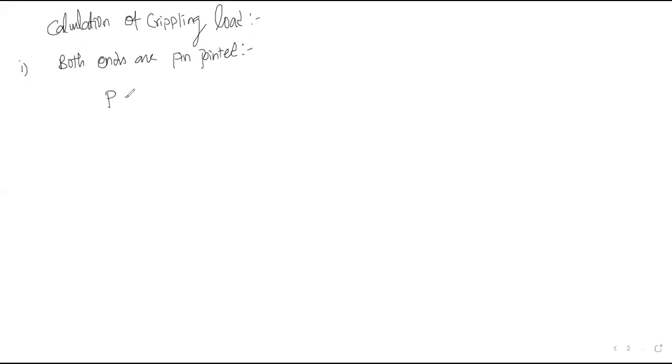The crippling load P is equal to pi squared EI by LE square, where LE is equal to L if both the ends are hinged, which is nothing but 4000 mm.